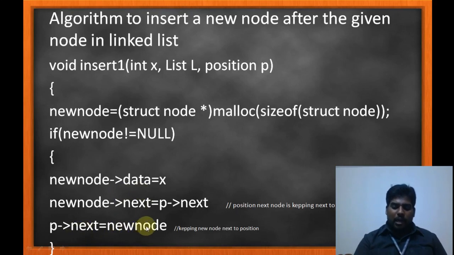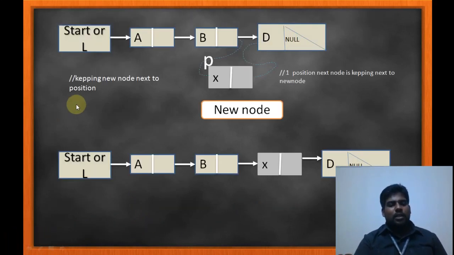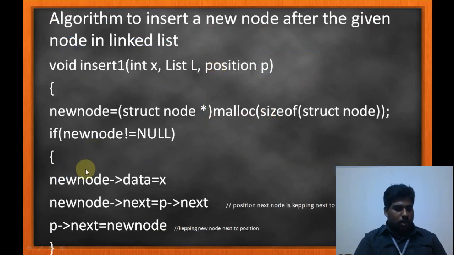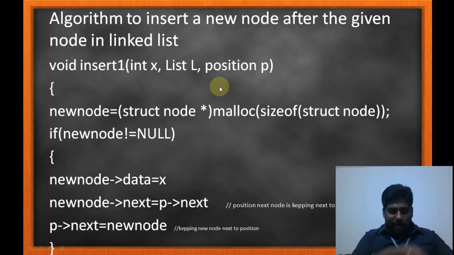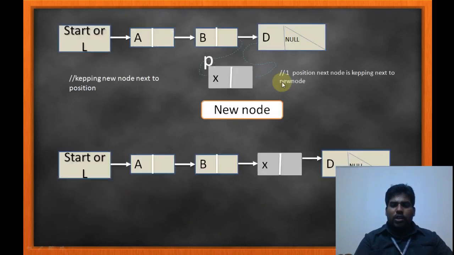So see this diagram. At first this is the starting position, this is the ptr, and for example, this is the position. So see the pseudo code. First new node dot data equal to x, you are assigning the value x for this new node. Again new node next equal to P's next. So for the new node you are adding the P's next.